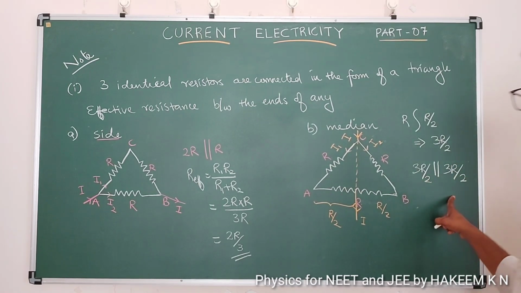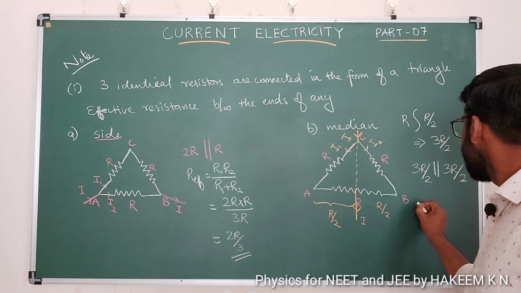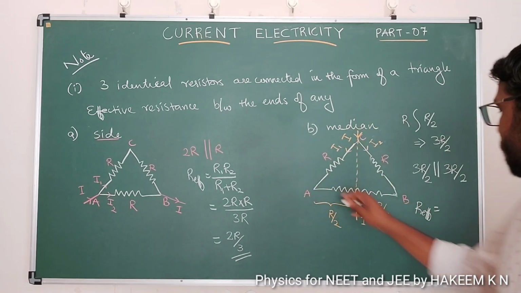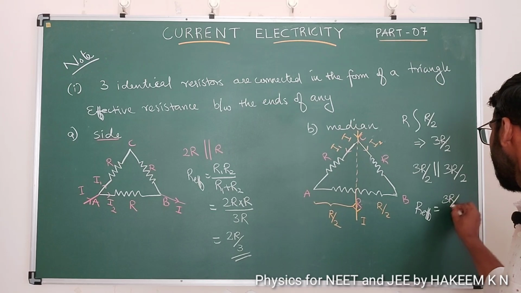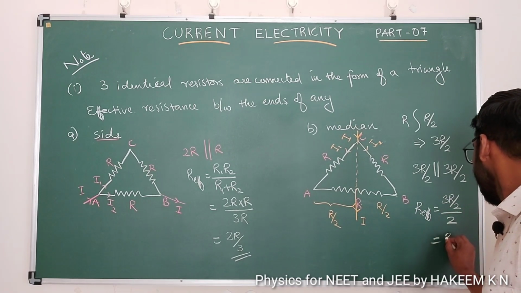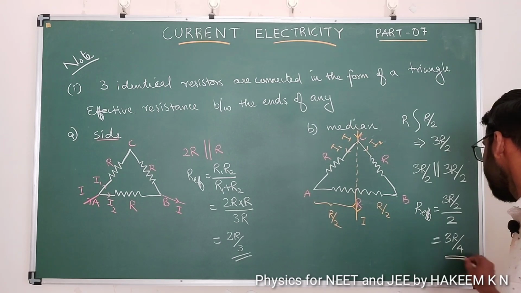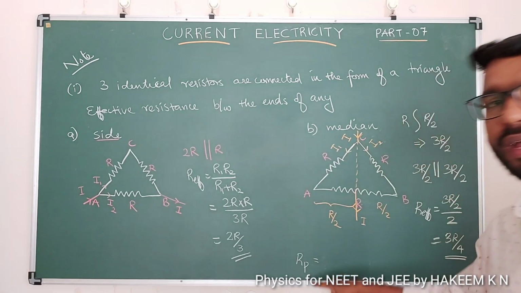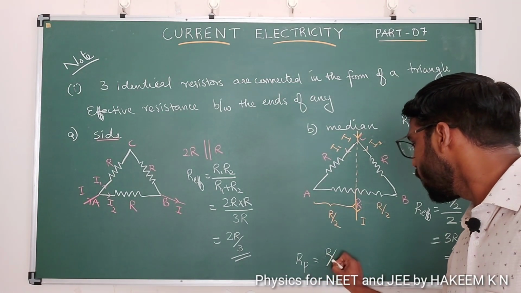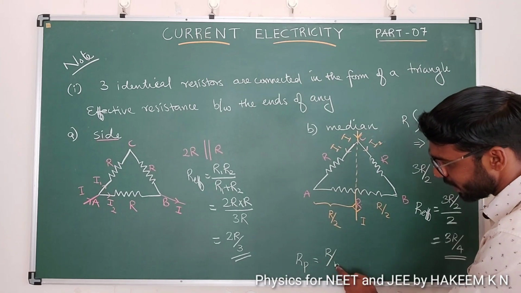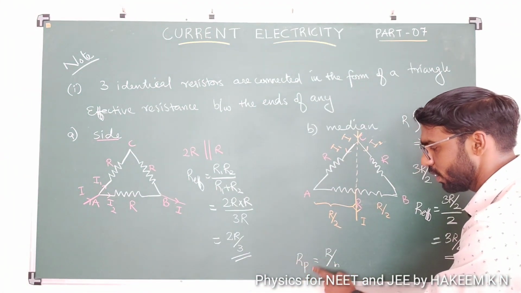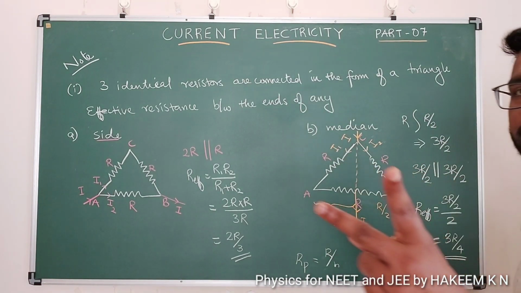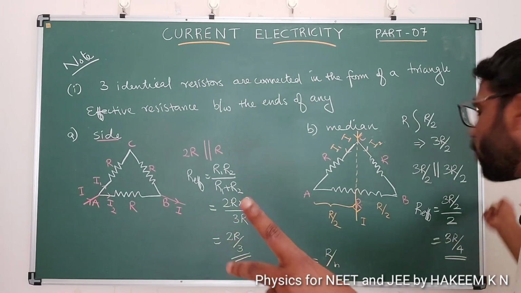If identical resistors are parallel, we can say what is R effective here. 3R by 2 comes 2 times in parallel, so R effective equals 3R by 2 by 2, we will get 3R by 4. We studied that when identical resistors come in parallel, R parallel equals R by n. If R comes n times in parallel, then R parallel equals R by n. Here 3R by 2 comes 2 times in parallel, so the effective resistance is 3R by 2 by 2, that is 3R by 4.